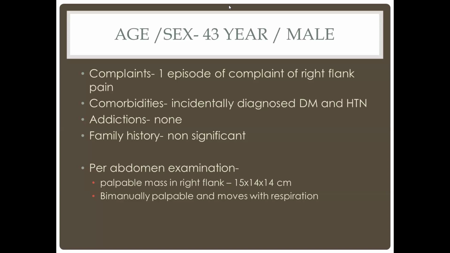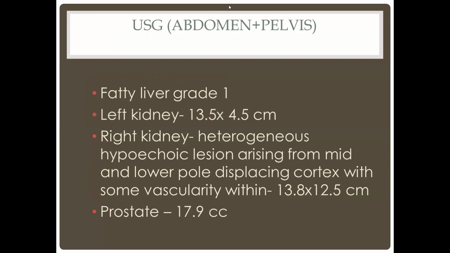Yes, sir. So, a 43-year-old male patient came with a complaint of one episode of pain over the right flank region. No urinary complaints or anything. Had past history of diabetes and hypertension, no addiction, non-smoker, non-alcoholic. Family history is insignificant. Clinically, abdomen has a palpable mass in the right flank region, approximately 15 by 14 by 14 in size, bimanually palpable, and it moves on respiration.